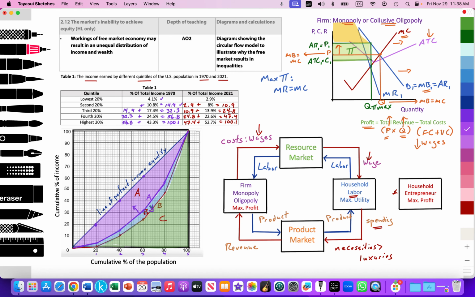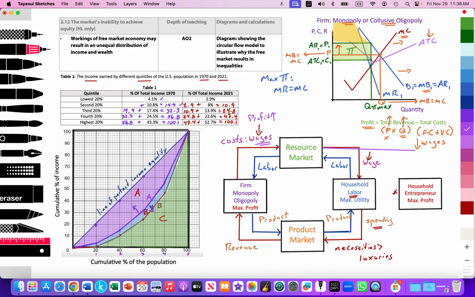In the other case, as cost of production, wages, are driven down, that allows profit to rise. So the firm's going to pay out their profit, but as they reduce their wages and their other costs of production, that's going to increase those profits. And those profits are going to go to the household that owns entrepreneurship.